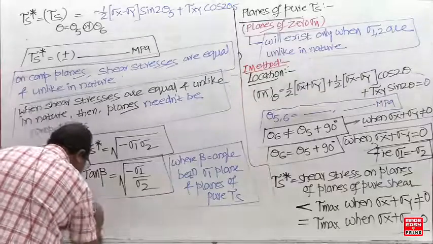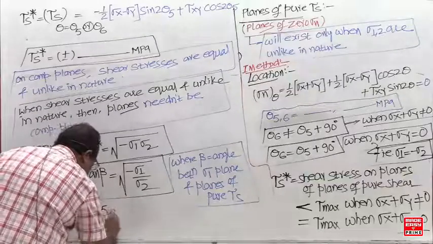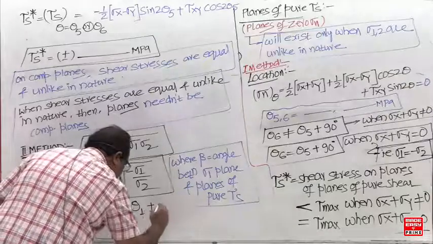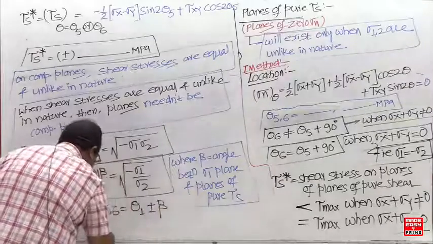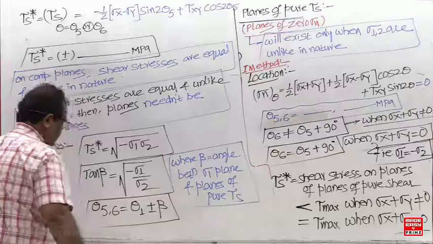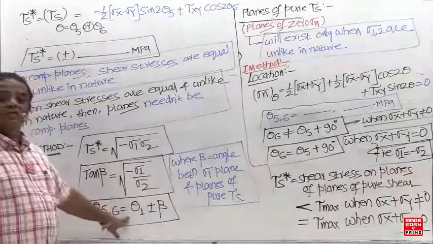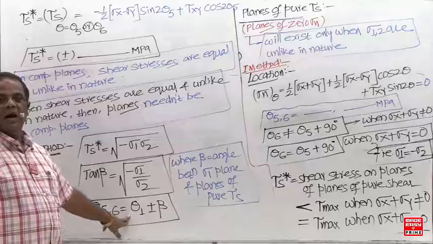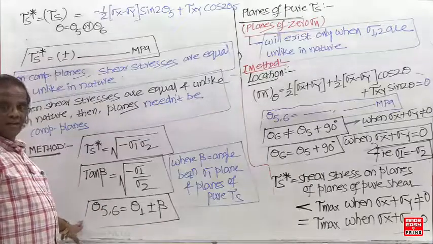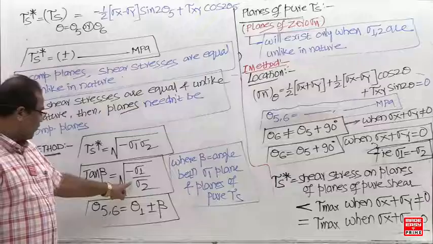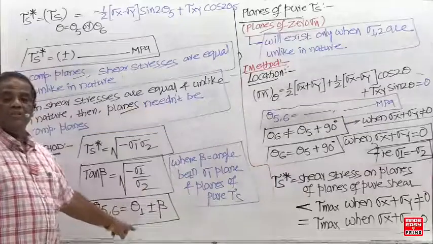So then how do we get theta 5 and theta 6? From this one I get beta. Then you already know theta 1, and theta is always measured from the x face. So if you want to get the location of the planes of pure shear, first you have to find beta, and you already know theta 1.